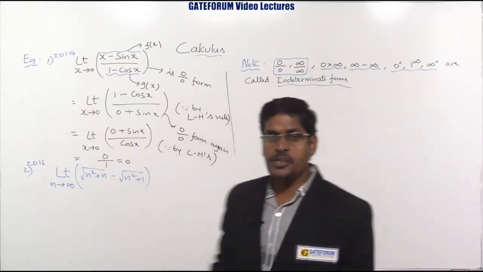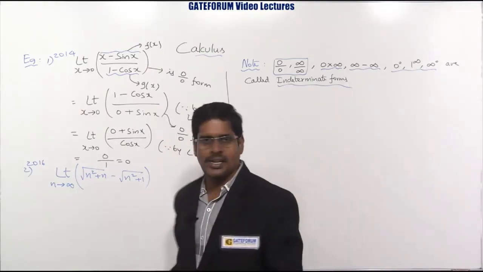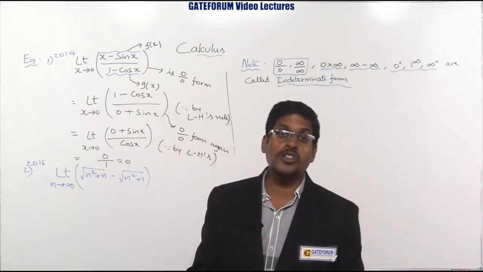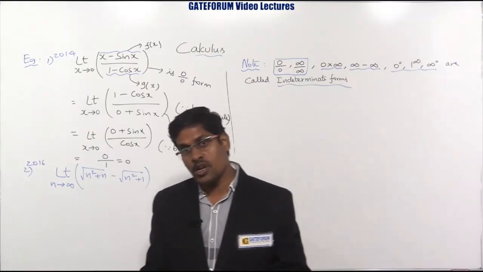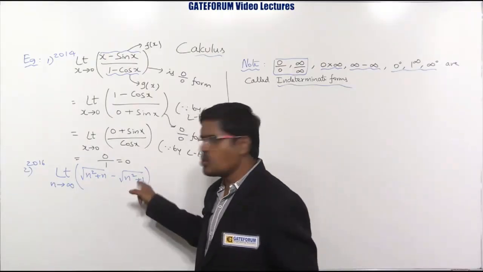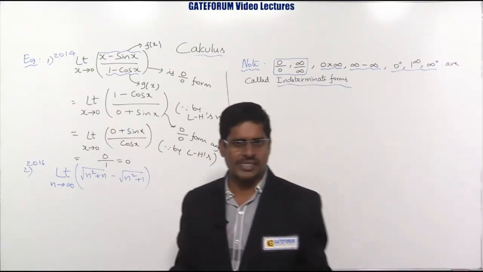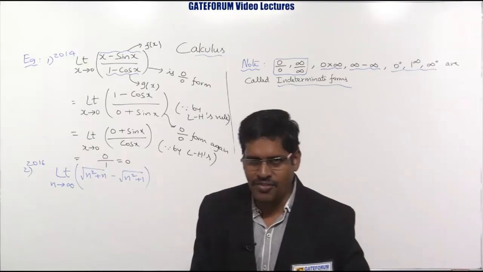When you reach infinity minus infinity, either rationalize the numerator or denominator, or cross multiply. When you say cross multiply, you should have some denominator. Here there is no denominator. There are 2 root parts in the numerator with a difference between them. So you know the rationalizing factor.